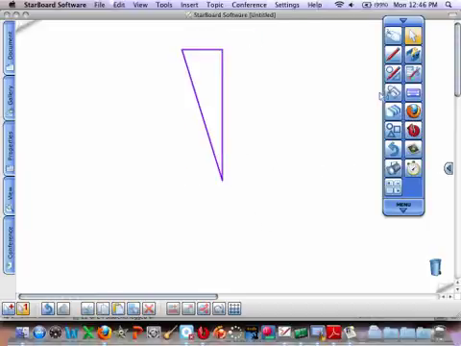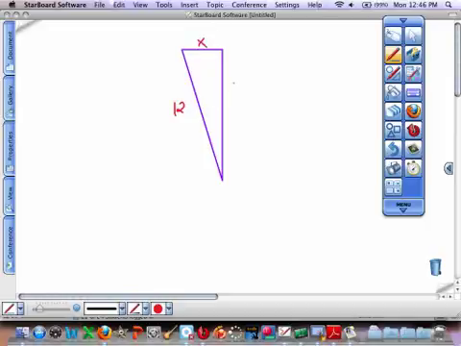All right, this time let's try something a little different. So now how do I set up my problem? You can do a squared plus x squared equals the hypotenuse squared. Okay.